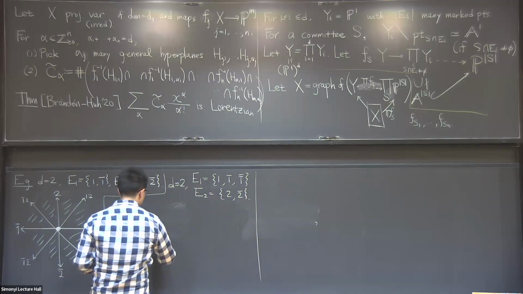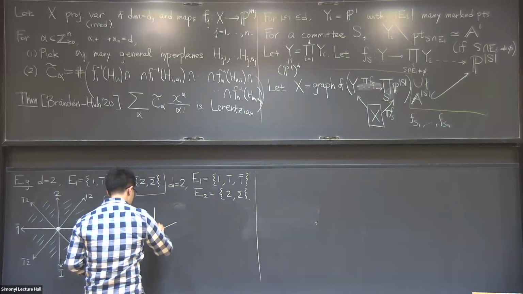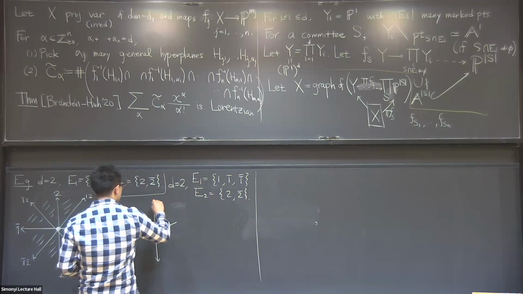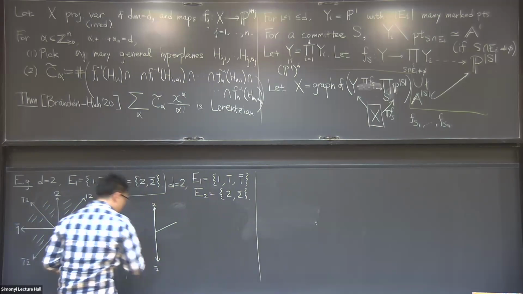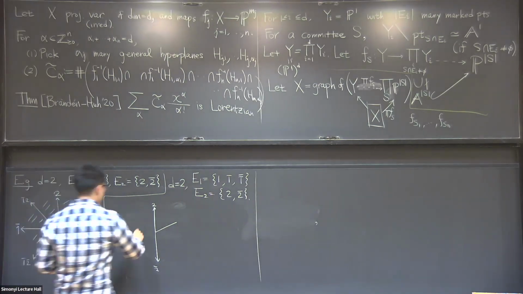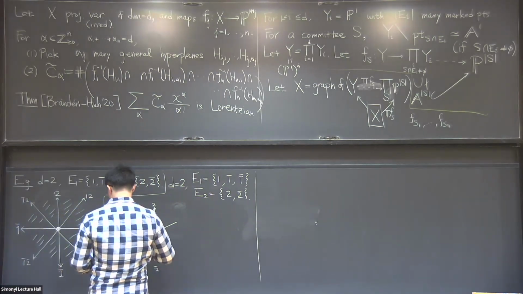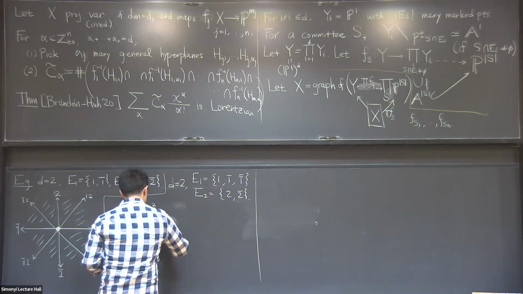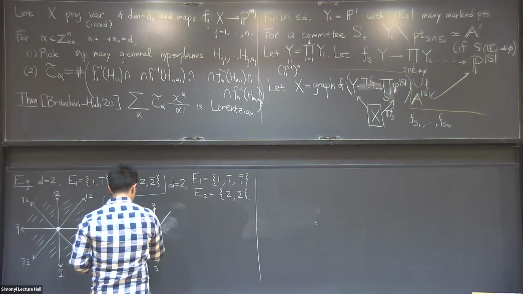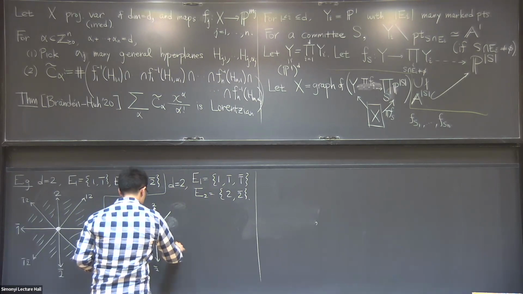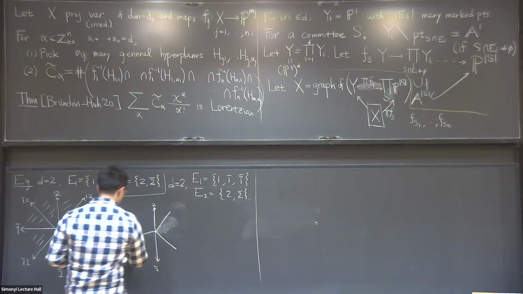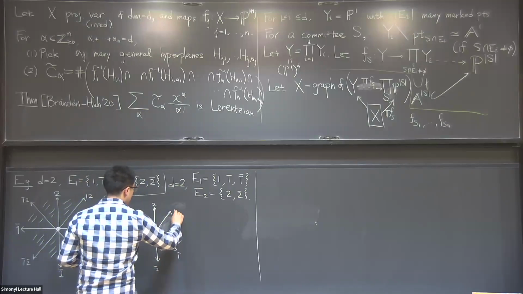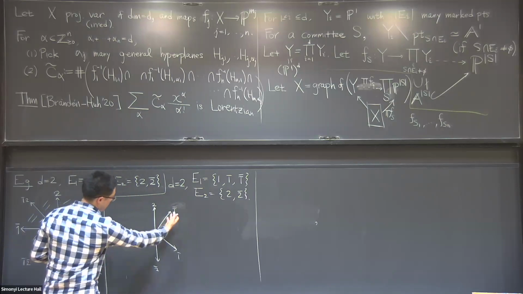So I have, in the vertical line, 2 and 2 bar in opposite directions, and I have 1, 1 bar, 1 double bar in sort of the same plane.